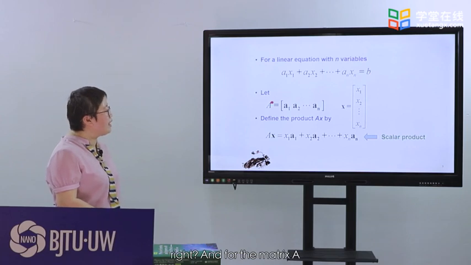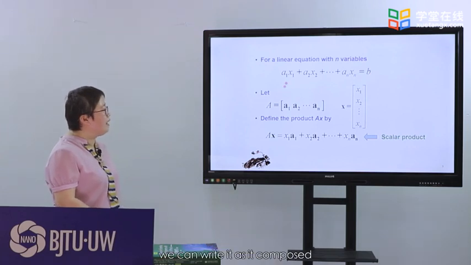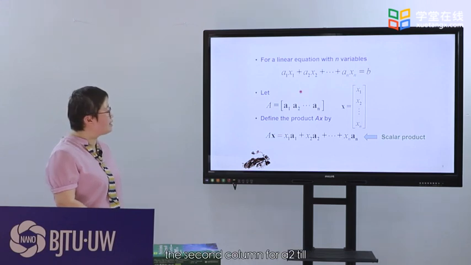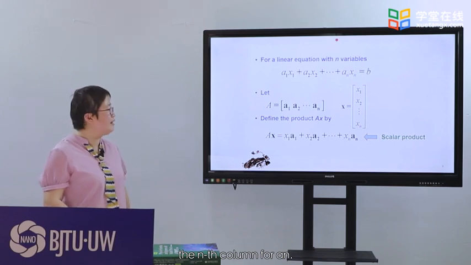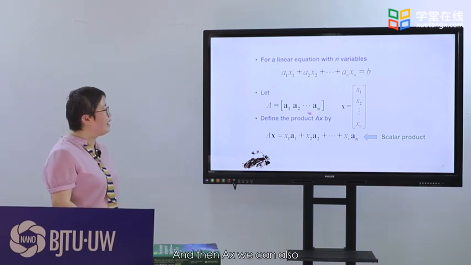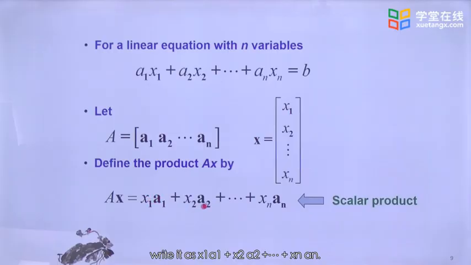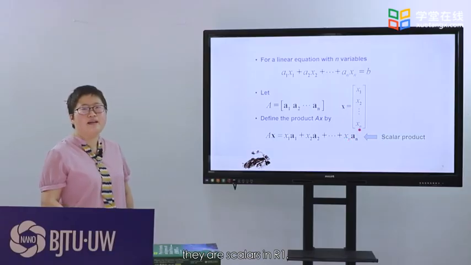And for the matrix A, we can write it as composed of column vectors: the first column of A, the second column of A, till the nth column of A. And then A times X, we can also write as x1 times a1 plus x2 times a2 plus and so on plus xn times an. To be careful, here x1, x2, up to xn are scalars in R^1, right?